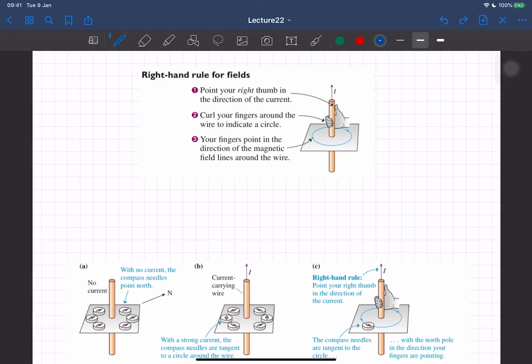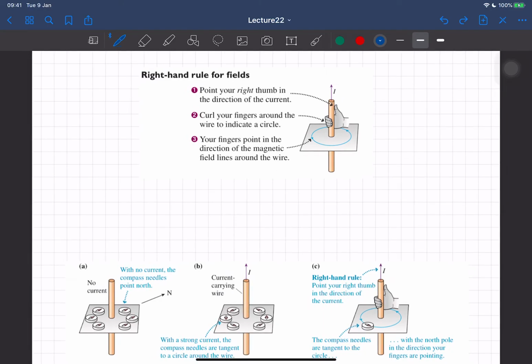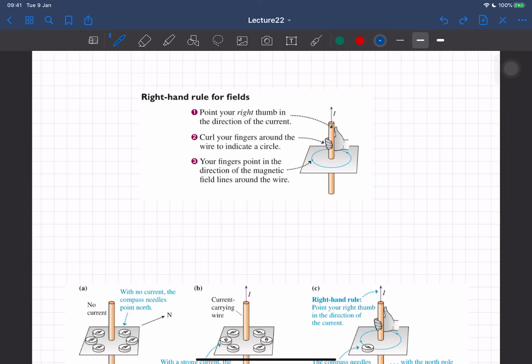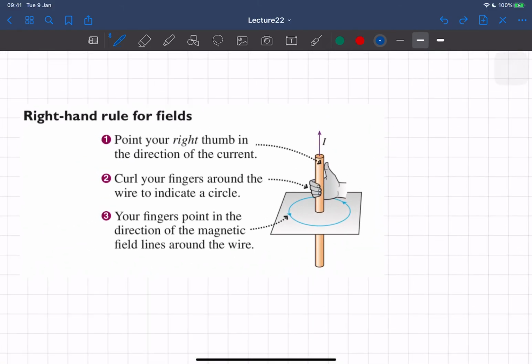This is kind of like the situation that we talked about earlier. The thing that's going to be helpful here is also what we call the right-hand rule. It's a different one than you had earlier. So with this one, the right hand wraps around the wire like this, and this is used to figure out the direction of the magnetic field around the wire.